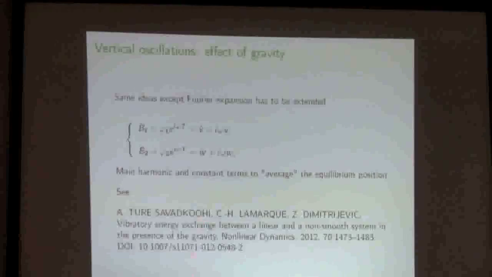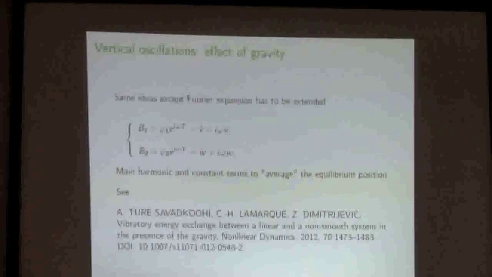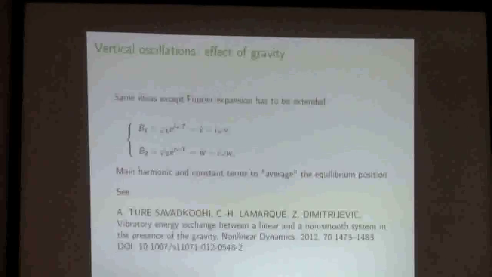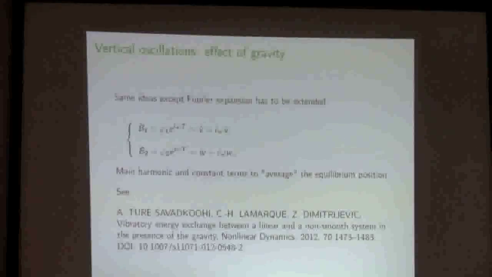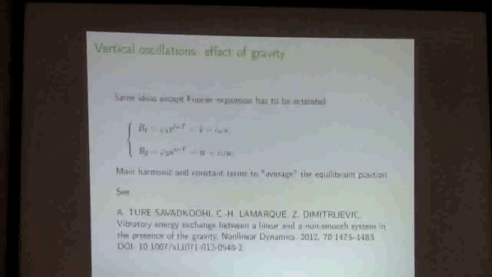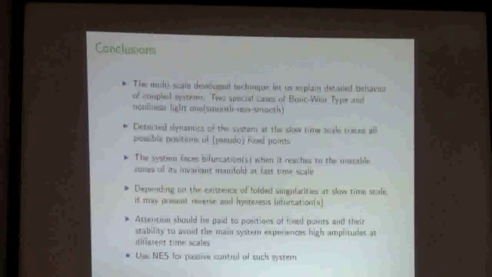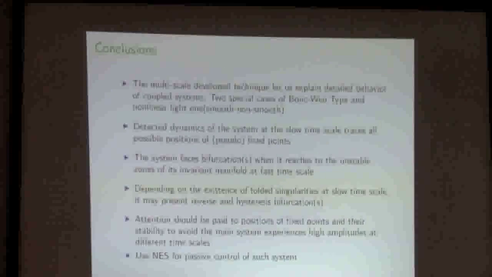So it has been done in this paper on nonlinear dynamics, and we show that it can work. And so it is interesting because we could also look and design piecewise nests to be efficient in that case. Okay, so this is the conclusion.